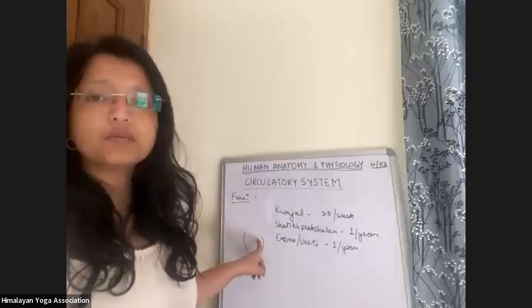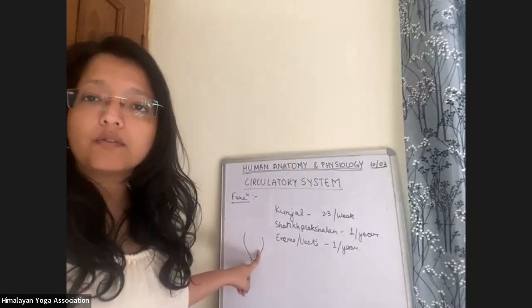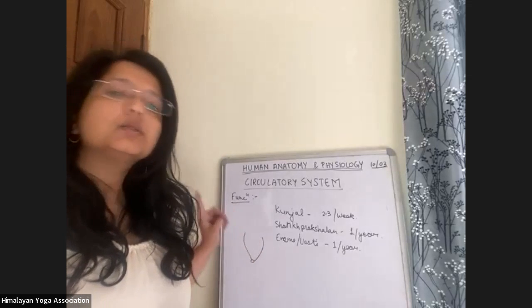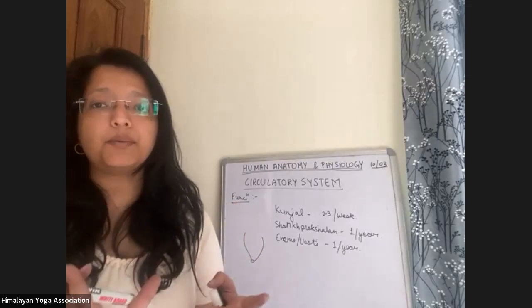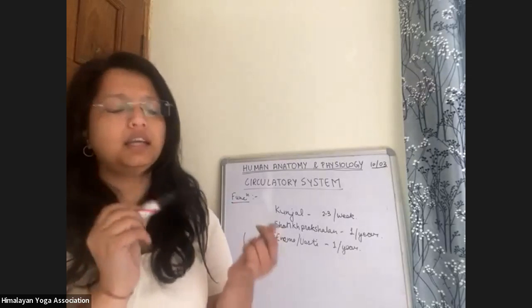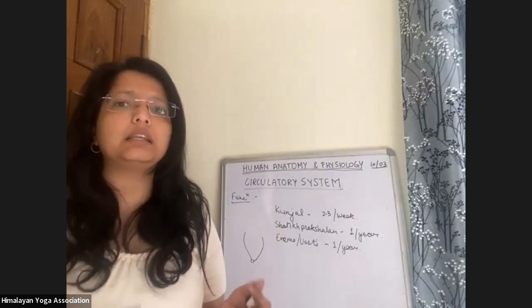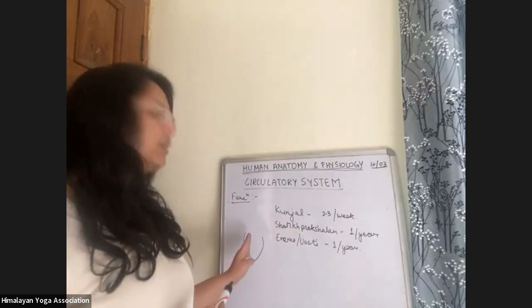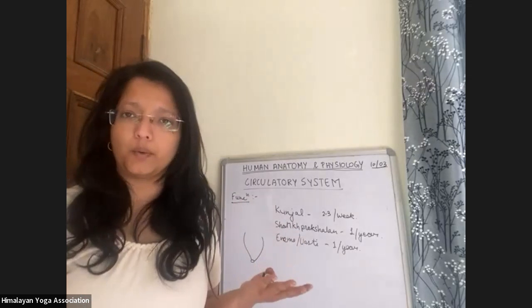So all the waste material stays here 24 hours, and we never clean it. Since a person is born, he never cleans it. Whether he gets diarrhea or constipation, they take medicine, but they never clean this part, because people are not even aware about it.